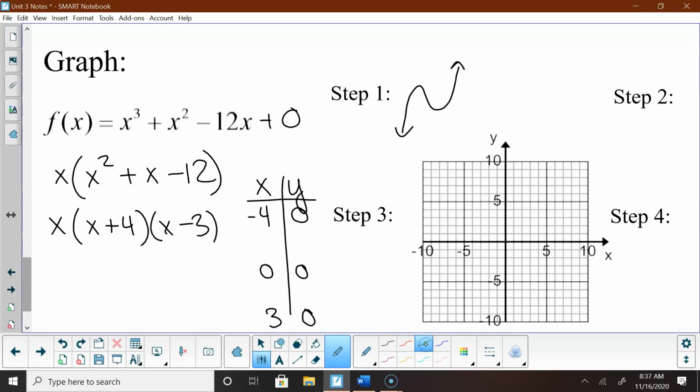Do we want to check all of them, or do we just want to kind of split the difference and maybe just check negative 2 right here? Do we want to just check 1 in the middle, kind of call it a day? And then maybe just check 1 here?